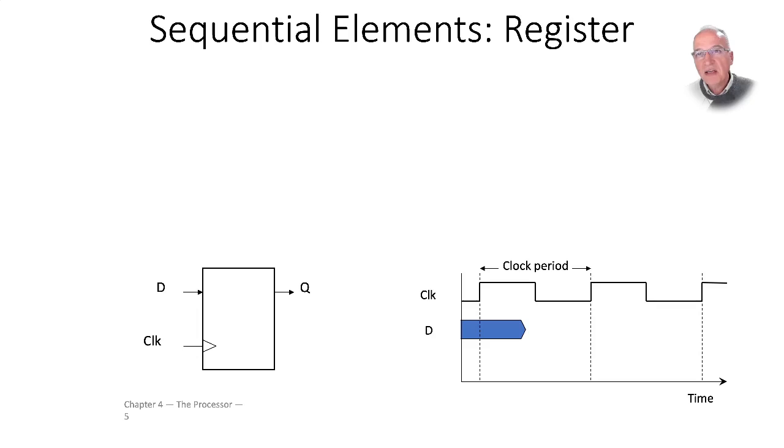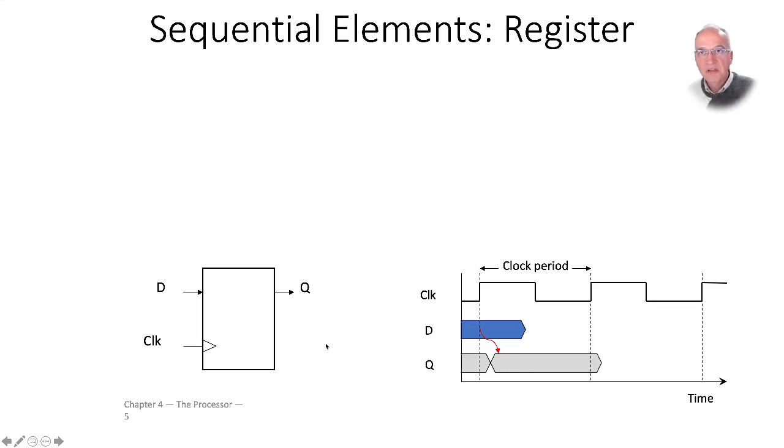Then I have these times where the input may make a transition. The same thing is true for my quiescent state. My quiescent state will be stable. And then when the clock transition happens, after a certain amount of delay, the output of my 1-bit register will change.